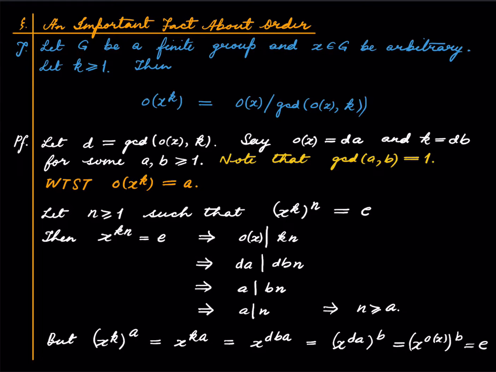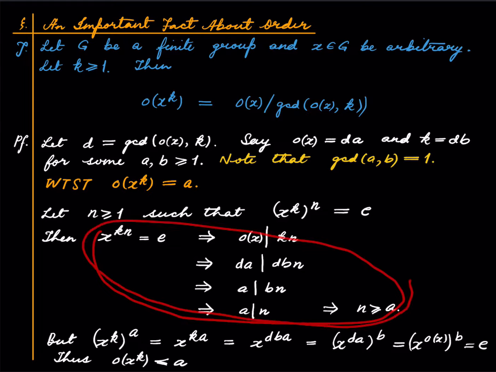So thus the order of x to the k is less than or equal to A, right? Because if you raise x to the k to the power A, you get the identity. So the order of x to the k cannot be more than A.